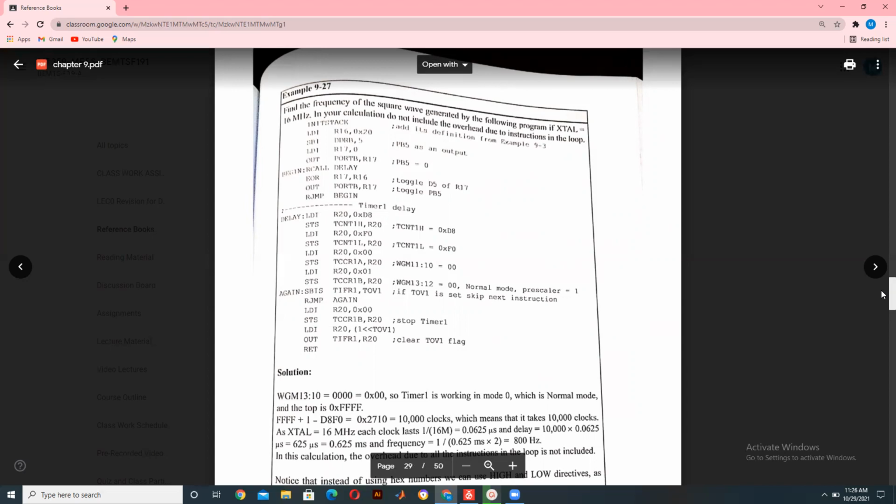So we simply read the program, and we get from the program that the timer mode is 0, and the top is 0xFFFF. So FFFF plus 1 minus D8F0 is equal to 0x2710. That is 10,000 clocks.